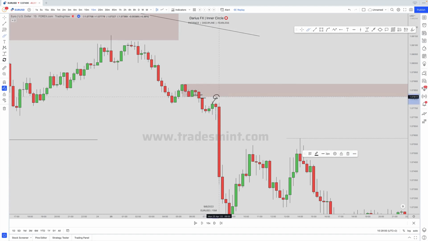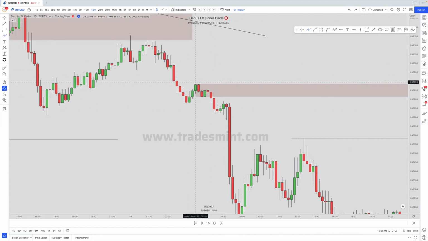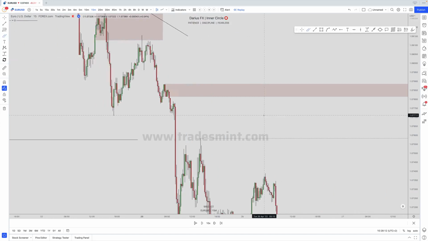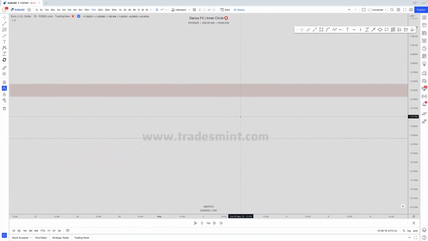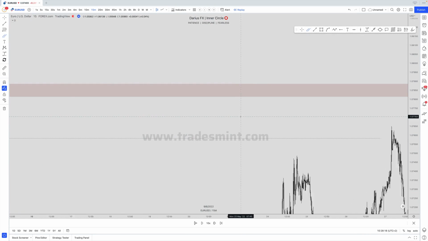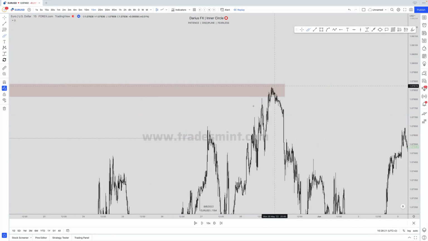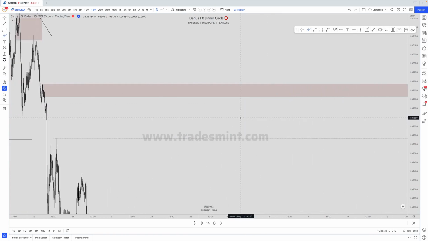Price will more than likely fill the imbalance and will move down. For sure, it makes sense. But what you have here is a problem, because you could refine it like this, but only if price would be super recent. In this case, look at this, how I need to even scroll, right, to come to this. Look at how long I need to scroll just to come to this price action. So there's just too much time in between.